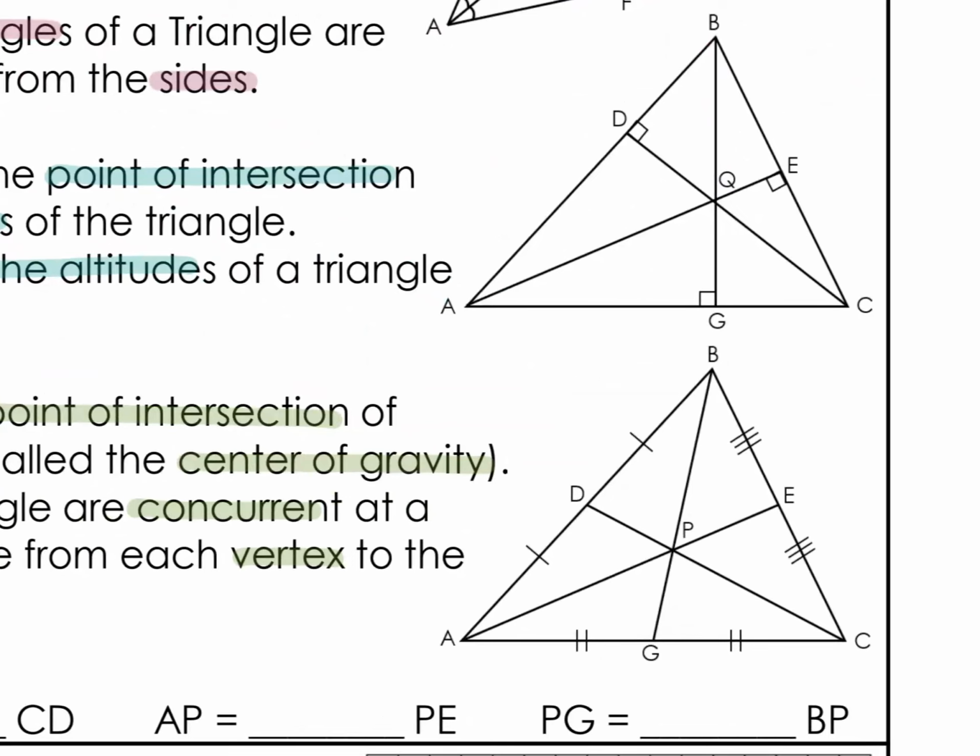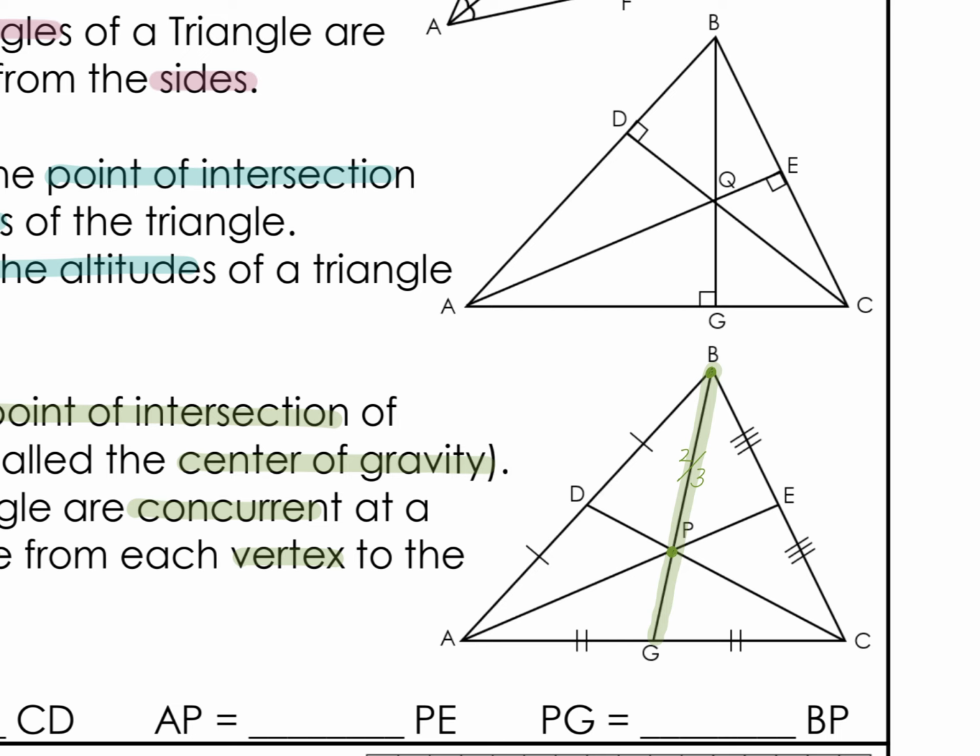So what that is telling me is that if I'm looking at, okay, I'm going to just use, for example, B to G, this line here. Okay, and if I start at the vertex, so the angle, I'm going to go 2/3 of the distance of that whole line to get to my center, which is P. So that means from an angle to the center, that's 2/3 of the entire line.